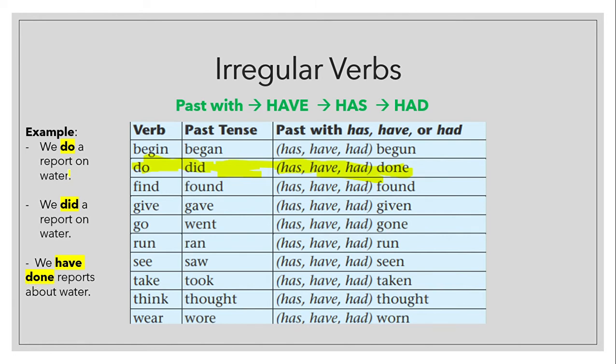From do to done. Why? Because I have this. Okay? We have done reports about water. I just wanted you to see the change. Okay? From this do to the past tense and the past with has, have, or had. Okay?